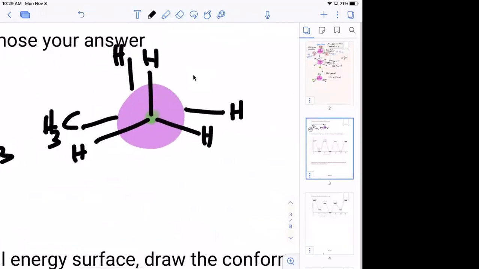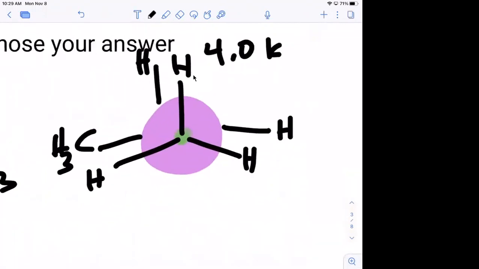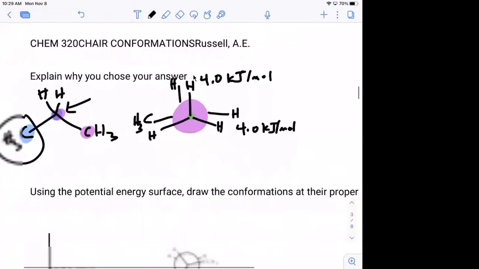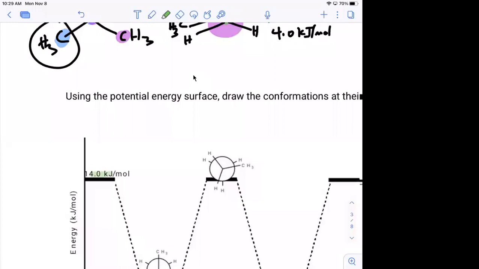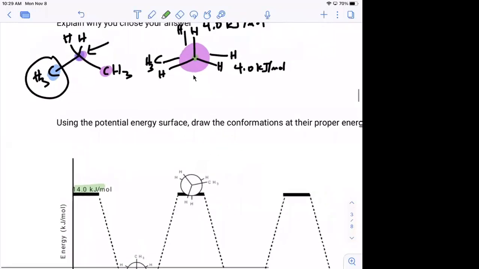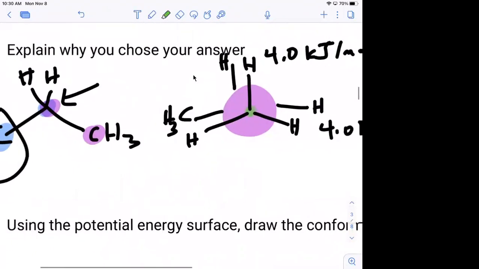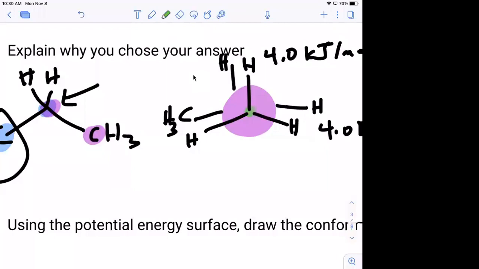When it's eclipsing, this is 4 kilojoules per mole. This is 4 kilojoules per mole. And then based on the energy right here, 14, how much does it cost for the methyl and the hydrogen to overlap like that? If that's 8 and the total energy is 14, how much does that methyl hydrogen overlap cost? 6. 6. Good.